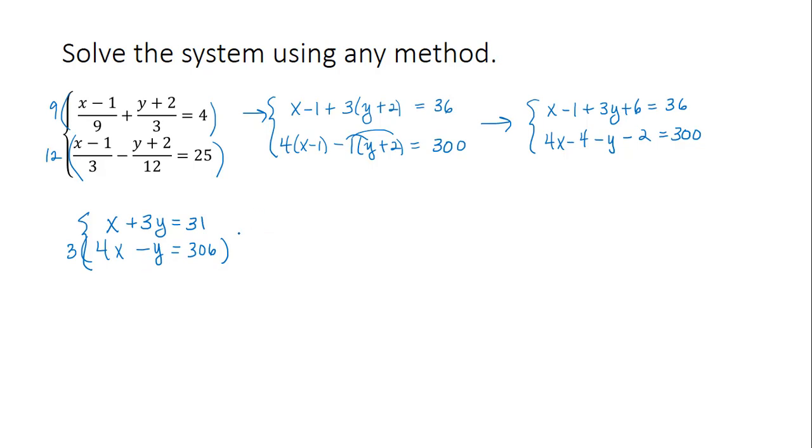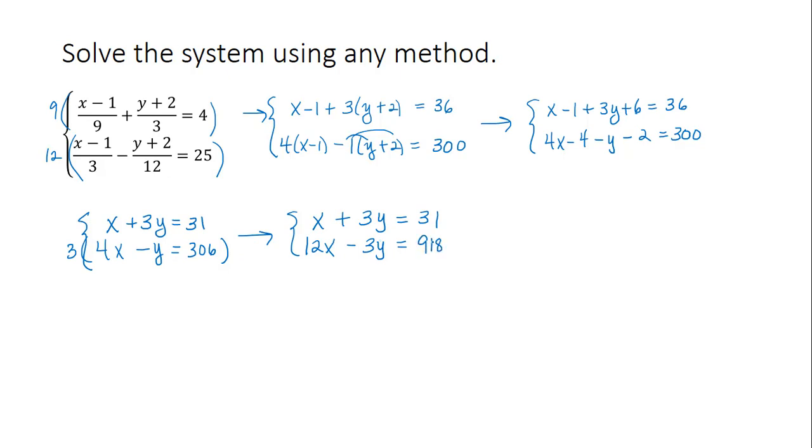So we're going to multiply the second equation by 3, which leaves the first equation unchanged. So we still have x plus 3y equals 31. The second equation becomes 12x minus 3y is equal to, now 3 times 306 is 918.